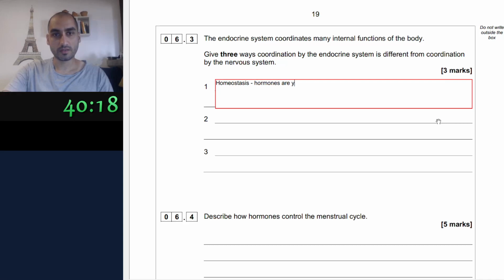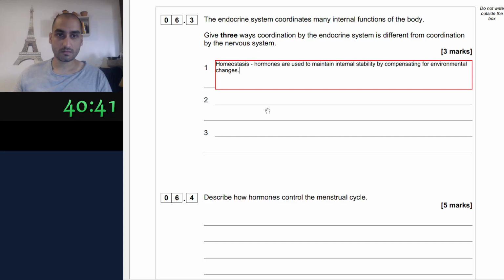Hormones are used to regulate or maintain internal stability by compensating for environmental changes, e.g. heat.